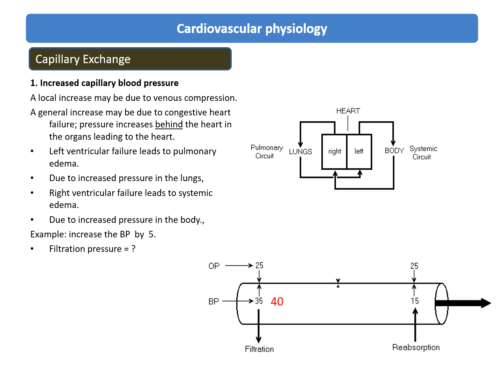If you do increase blood pressure by 5, the filtration pressure would be, now notice at the arterial end, the pressure is 40. 25 from 40, 40 minus 25 is 15, the filtration pressure. Reabsorption pressure, on the other hand, would be 5.